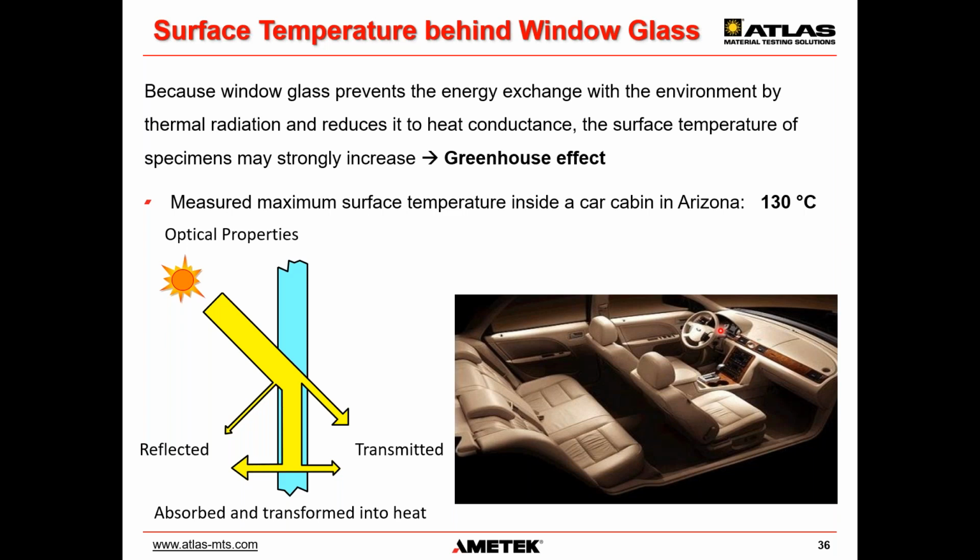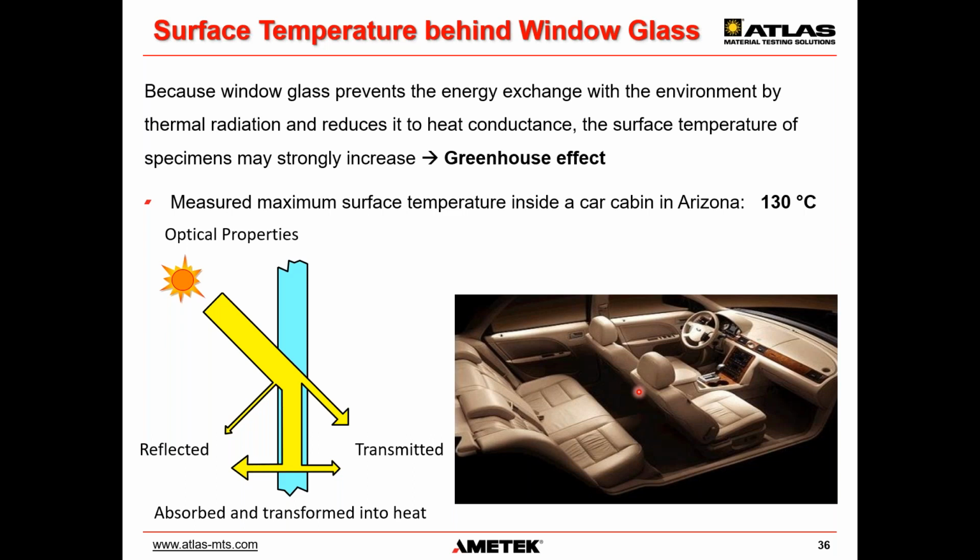Mostly the UV part is filtered out, but the visible part can pass, maybe some infrared part can pass, heating up the surface inside the cabin. And the surfaces in the cabin, the seat, the windshield, or the armature shield here, and the other parts inside the car are heated up and emitting energy.